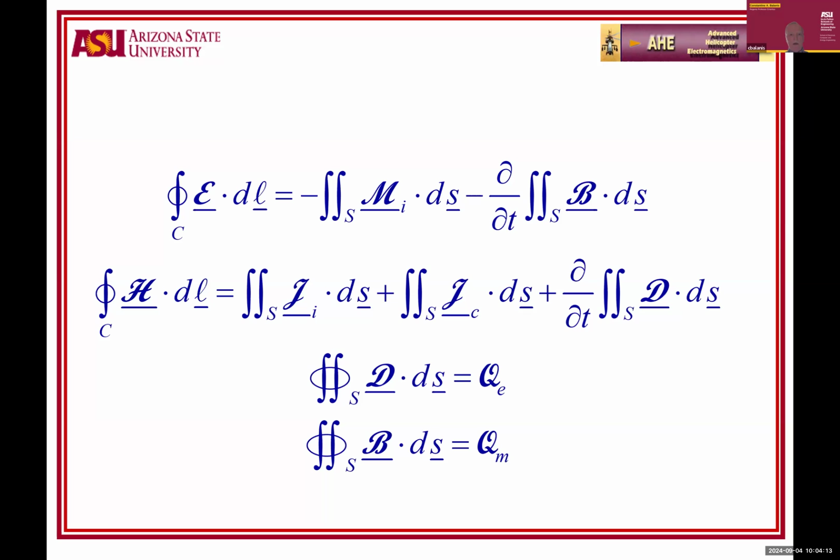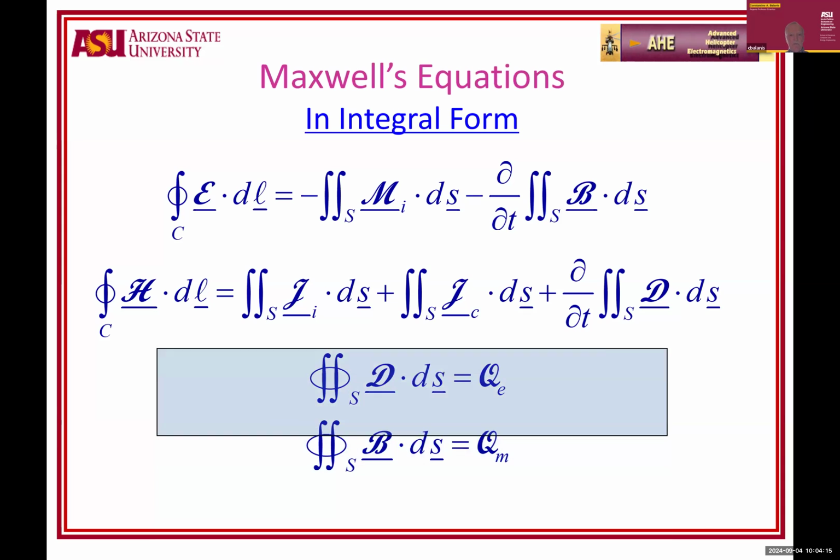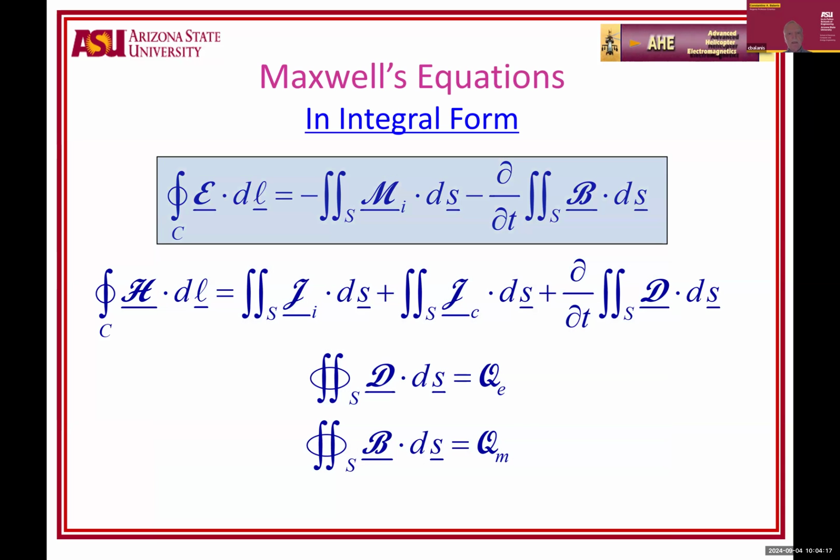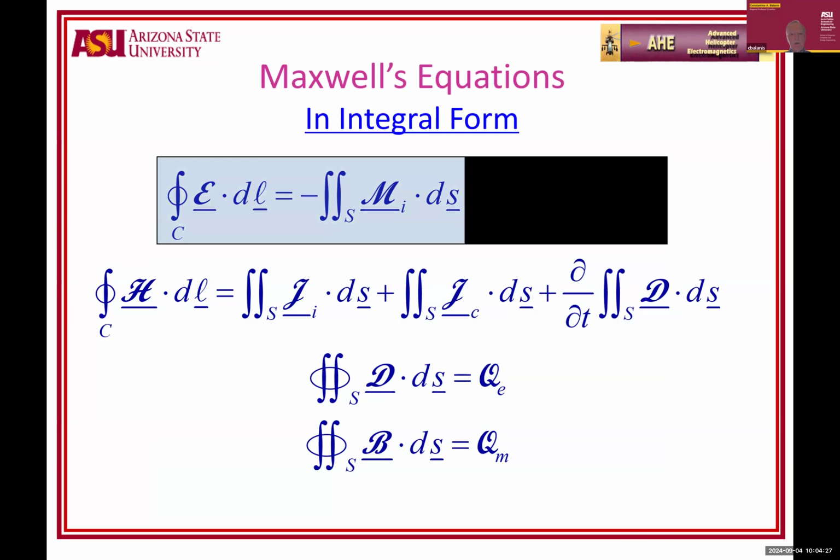Those are Maxwell's equations in integral form. This is the first one, which is basically, in circuits, the loop equation, where the last term in circuit theory we usually leave out because it's very small compared to the other ones. So circuit theory, as we indicated, is an approximation to Maxwell's equations.